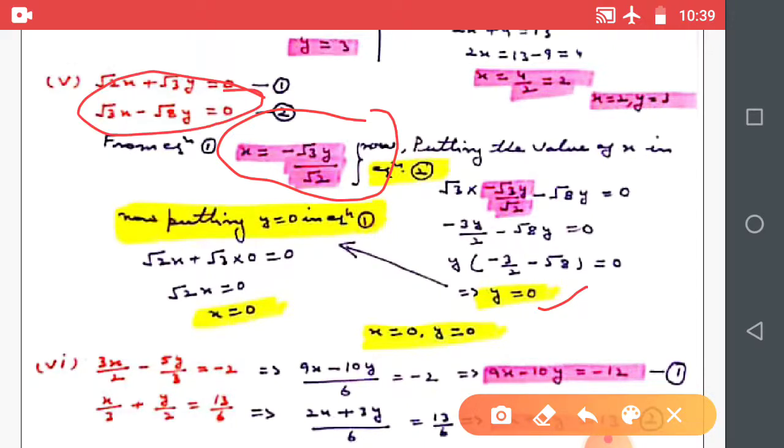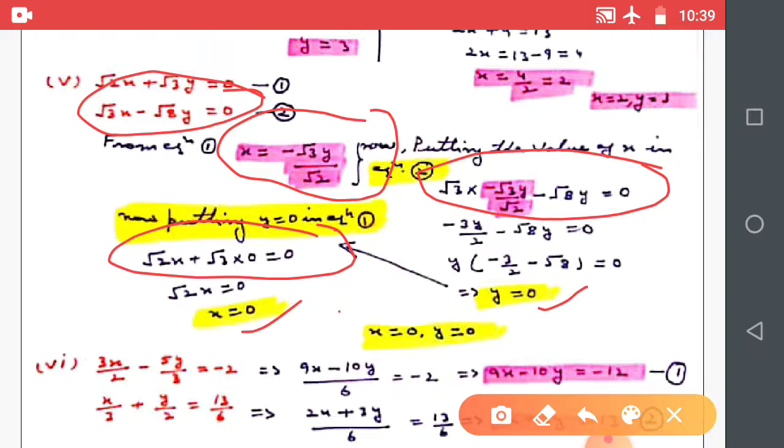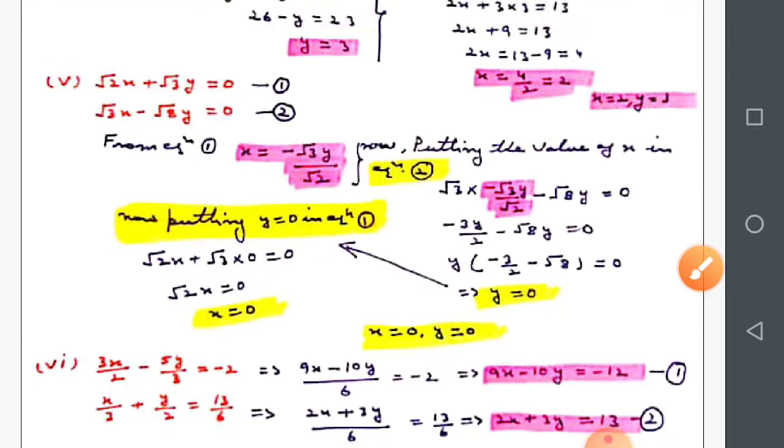When you put the value of x, the value of y comes 0, and when you put y is equal to 0 in equation number 1, the value of x comes 0. So in this case, the value of x is 0 and the value of y is also 0. Now look at the sixth part.